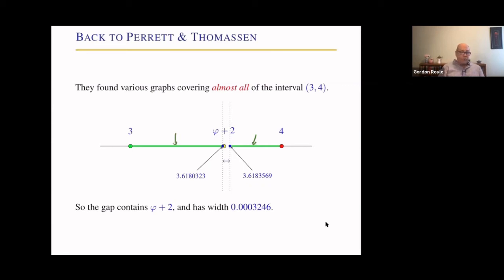They were pretty close though. These 2 points are only that far apart. Okay, but it's not really satisfactory to say, you know, real chromatic roots of planar graphs are dense in almost all of the interval 3, 4, except for this little range of 0.003246.